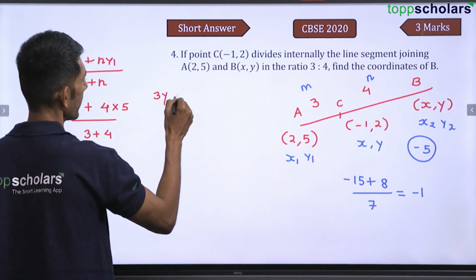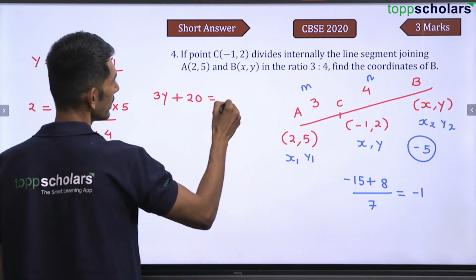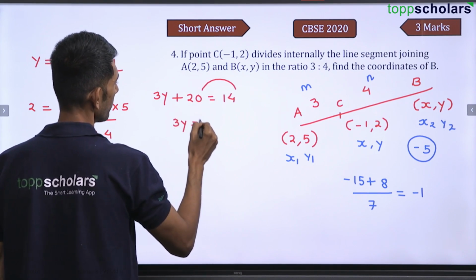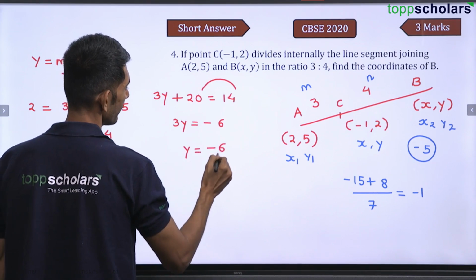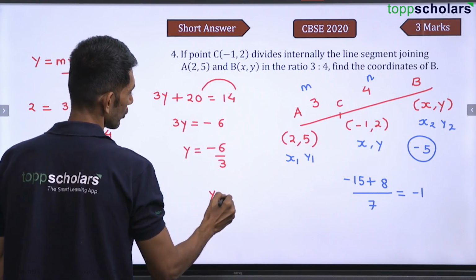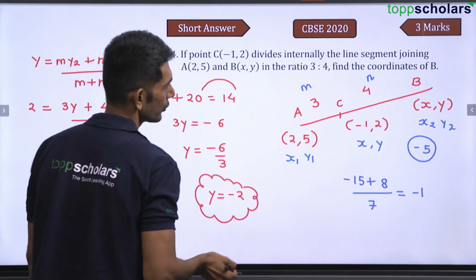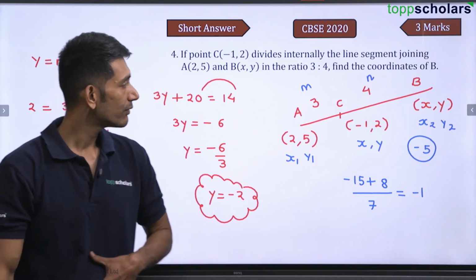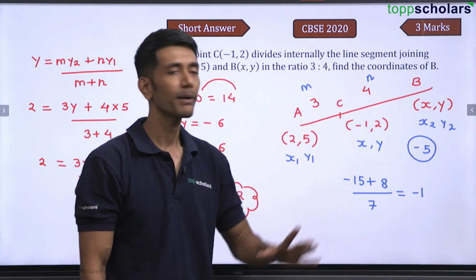So 3y plus 20 is equal to 14. So 3y is equal to 14 minus 20, that is negative 6. So y is equal to negative 6 divided by 3, so y is equal to minus 2. You get the value of y as minus 2. Clear? So the value of x is minus 1, the value of y is minus 2.